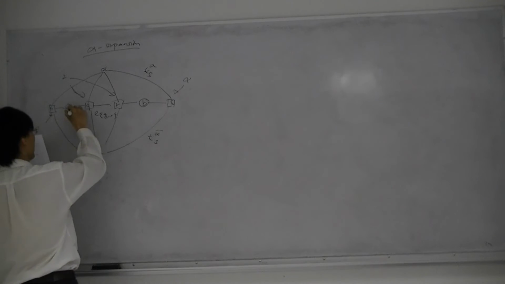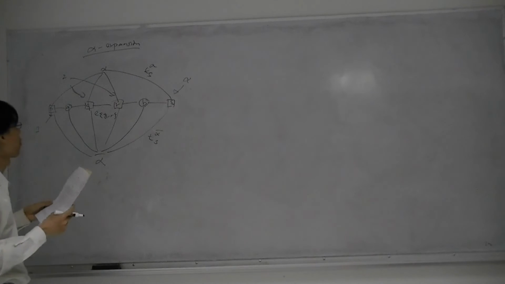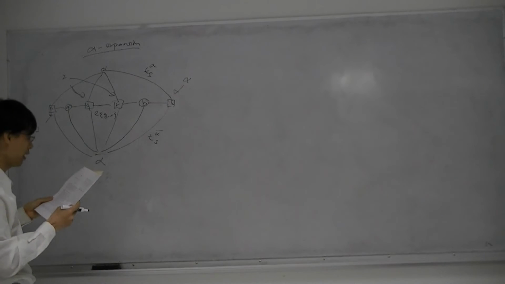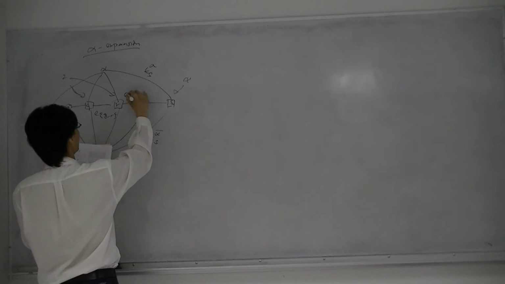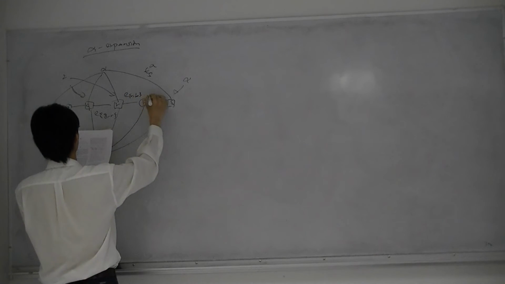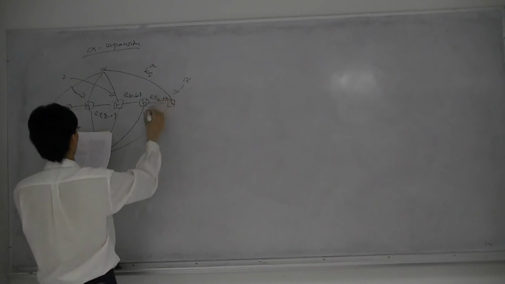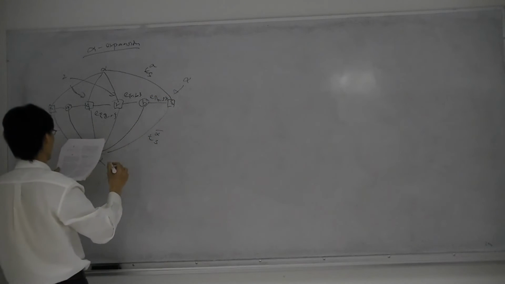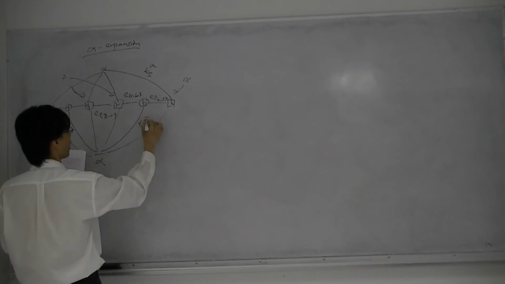I will also connect A to here, to the alpha bar node. These edges I will call E, R, B, and E, B, S, and so on. And all this will be T, alpha bar, B, let's say.